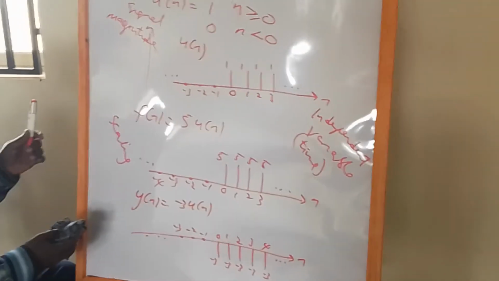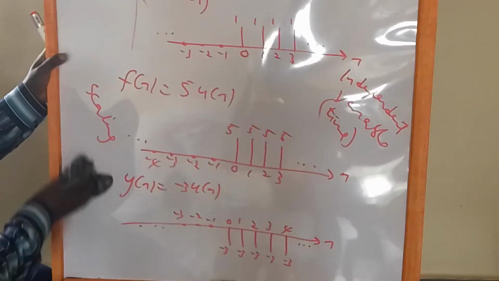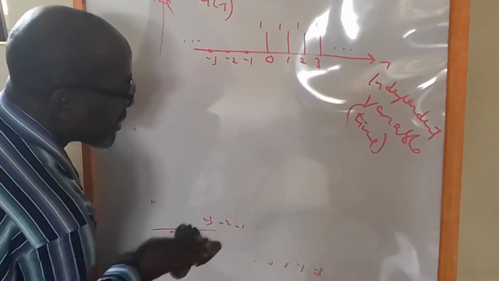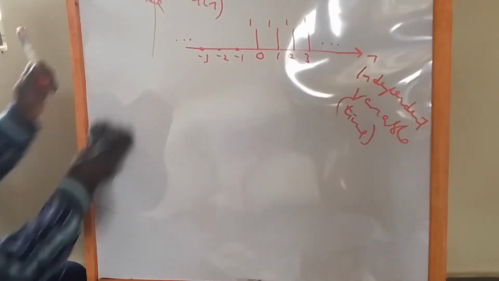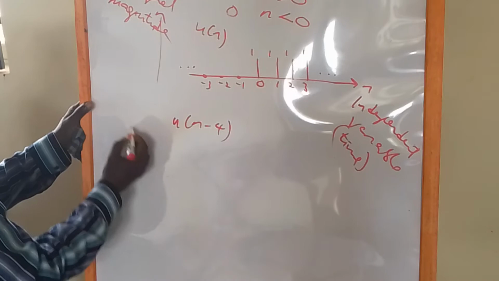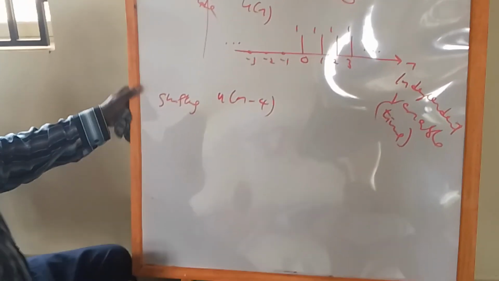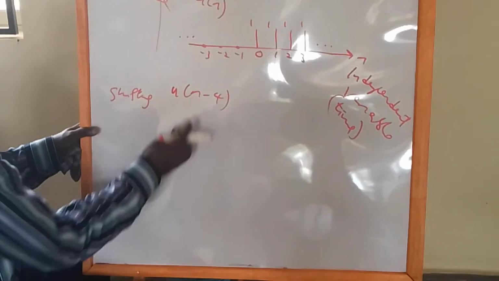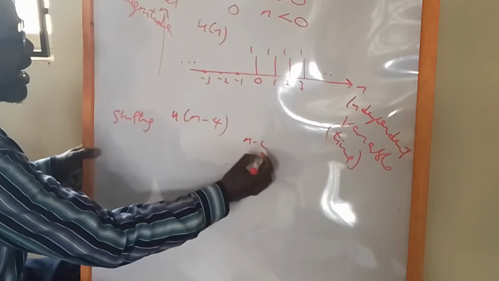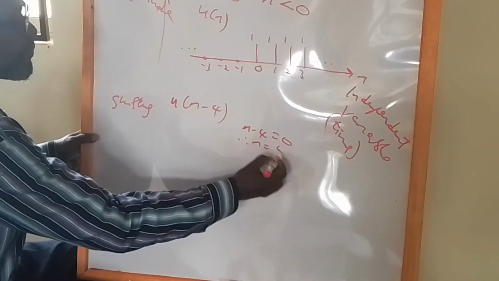Let me introduce shifting first. If you are given u of n minus 4, we are talking of shifting now. Now the samples will be shifted. Whatever is inside this bracket, take it to be equal to 0. n minus 4 equals 0, therefore n equals 4.